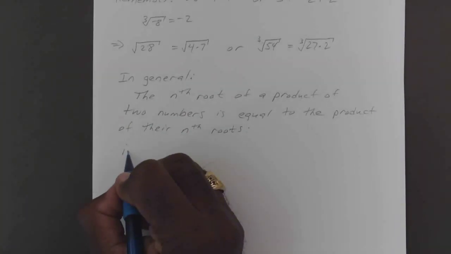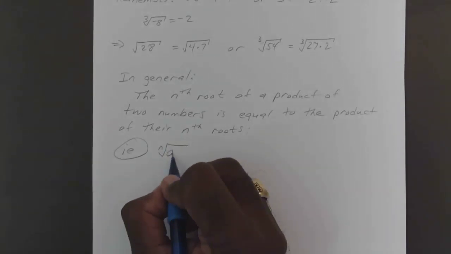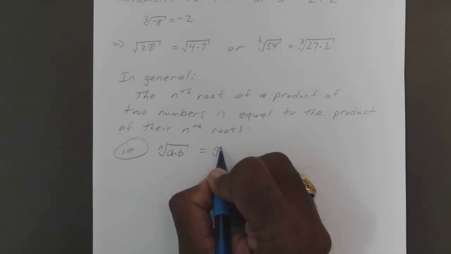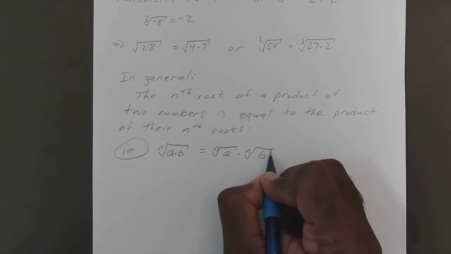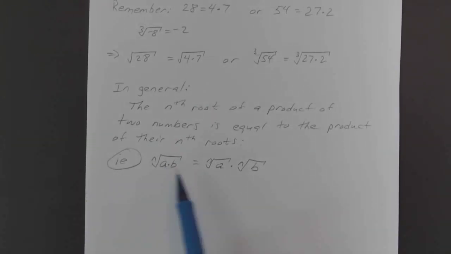So all that just says, in other words, the nth root of a times b is equal to the nth root of a times the nth root of b. Okay. So if you have two values under here, whether they're variables, numbers, or anything else, you can separate them into two separate roots.